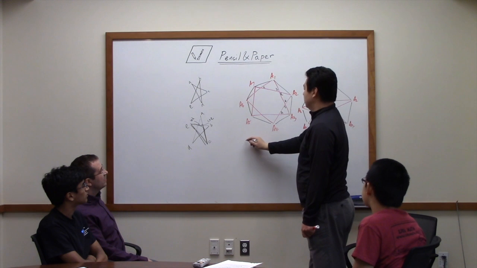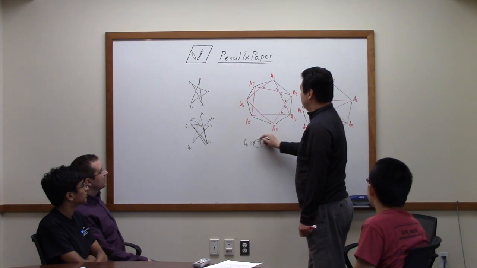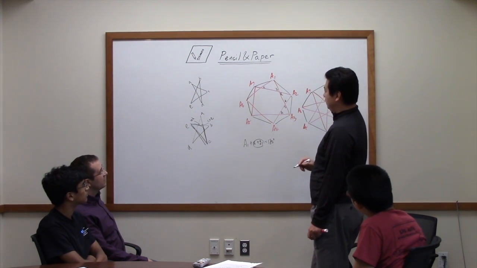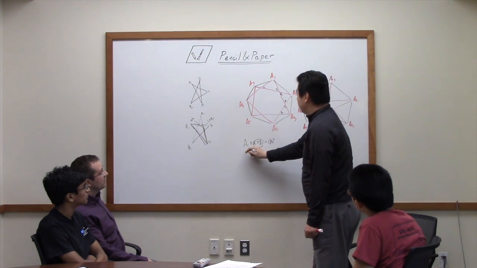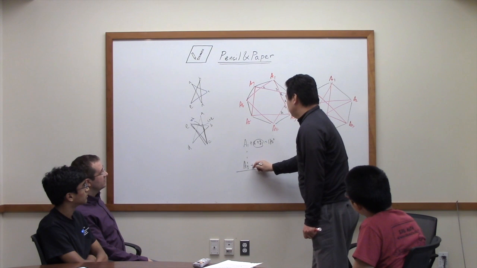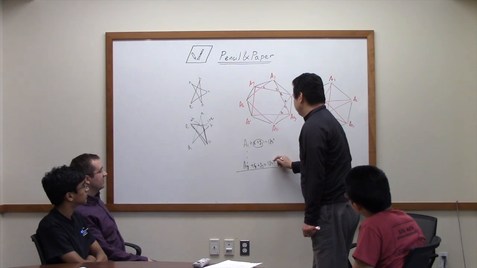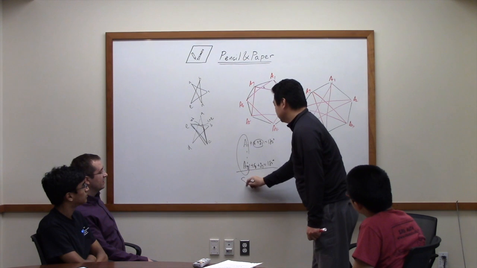So what we know is A1 plus X1 plus Y1 is 180. This problem is better seen in a symmetric way. And then similarly, we have all these equations all the way to A7, X7, Y7 equals 180. If we add them up, this is something we want to know, the sum.